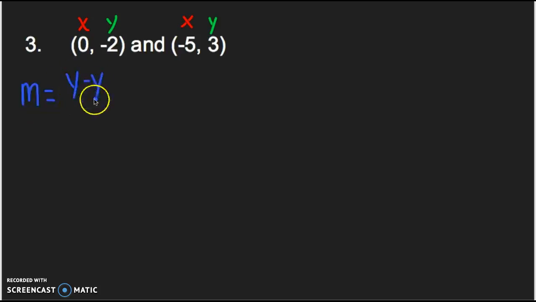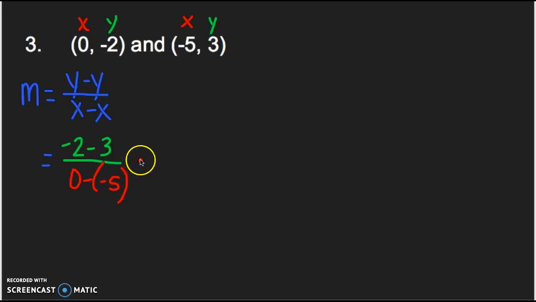Slope equals y minus y over x minus x. So the y's first, -2 minus 3. And then the x values, well, since I did -2 first, you have to do the 0 first. So 0 minus a -5. And then we just solve it.